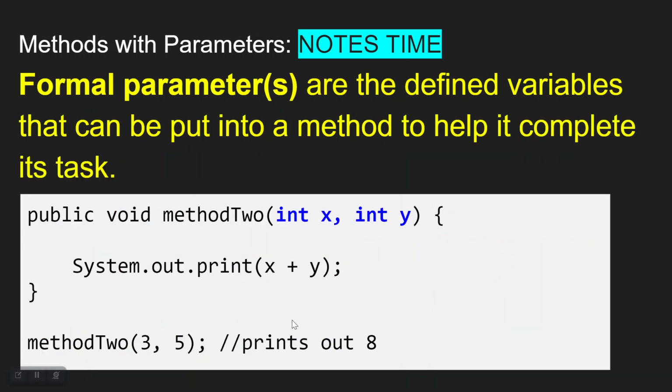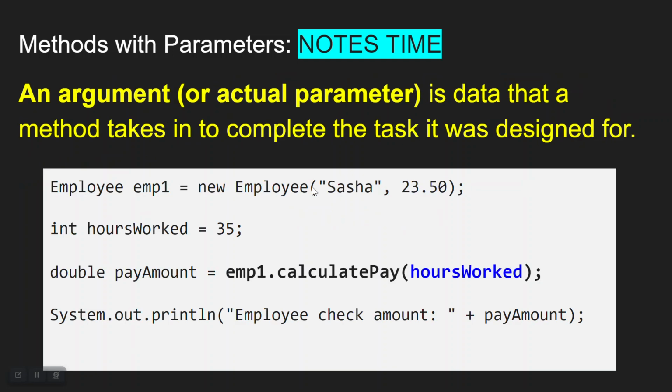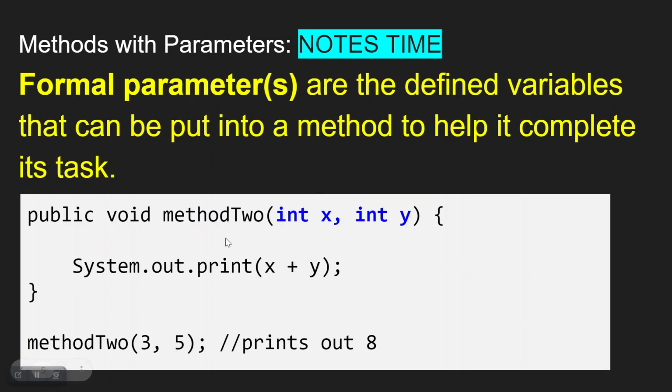So now let's get into some vocabulary here. In Java, we have what are called formal parameters, and formal parameters are what you will see in the class file where you have the methods being defined, kind of towards the bottom half of the class file. That's typically where we have all of our methods being defined.